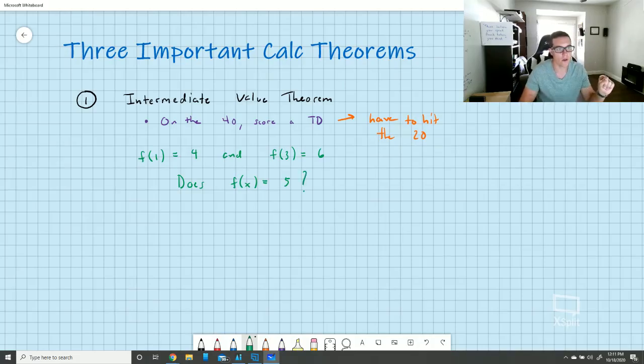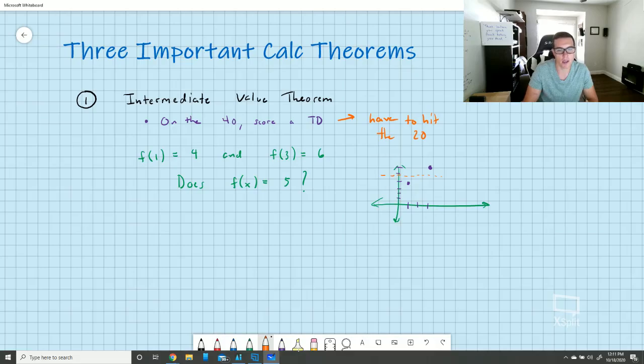Well, you could kind of sketch it out here, which I will. If you're at the coordinate (1, 4), which is right here, 1, 2, 3, 4, and you know (3, 6) is a coordinate, do you have to cross this line basically? Does the function ever have to equal 5?